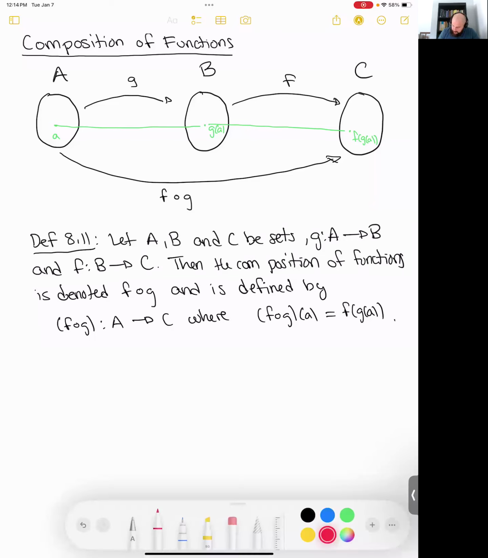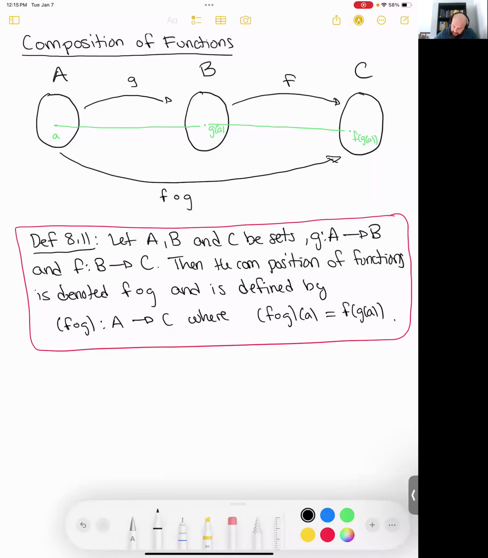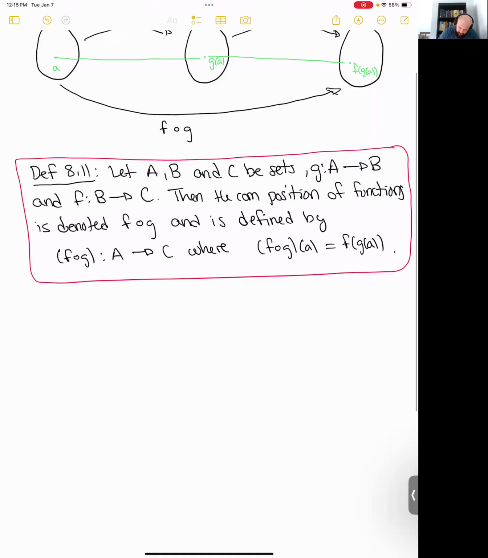Okay, great. So that's the formal definition. And we just want to play around with some sort of picture examples first, and then we'll build up some intuition here.